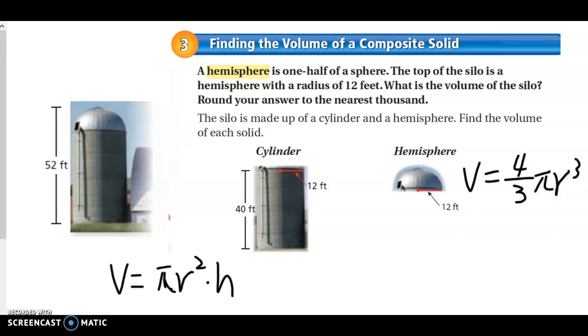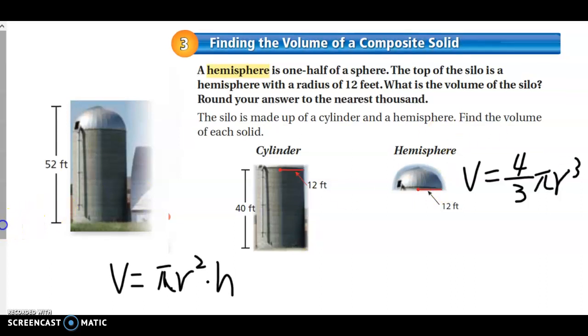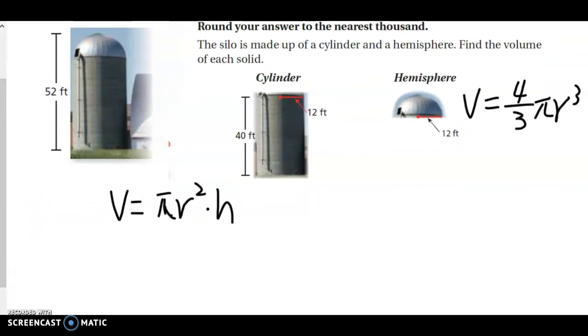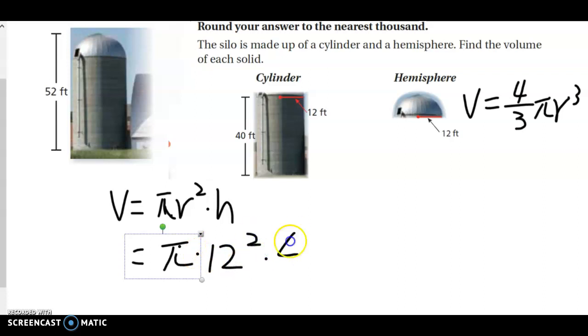So the hemisphere will just be half of the sphere volume. For this question, we can plug the numbers into each volume equation. The cylinder will be pi times r, which is 12, squared times h, which is 40.